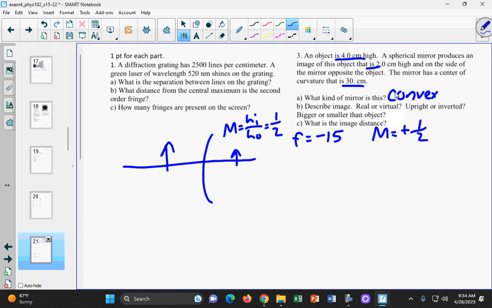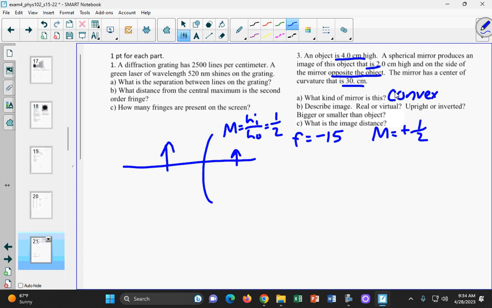It's 1/2 because the image is 1/2 the size of the object, and it's positive because the image is on the side opposite the object. That means it's a virtual image. Virtual images are always upright, and upright images have a positive magnification.